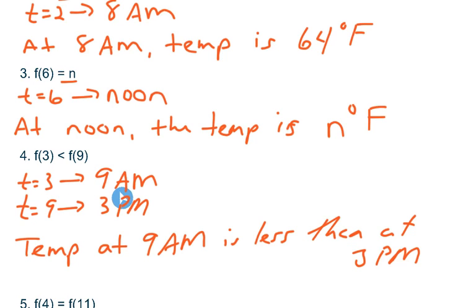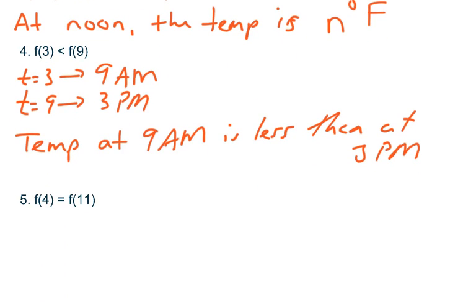We can put context to the f of 3 and f of 9, 3 being 9 a.m., 9 being 3 p.m., and then we can make our statement: the temperature at 9 a.m. is less than the temperature at 3 p.m.